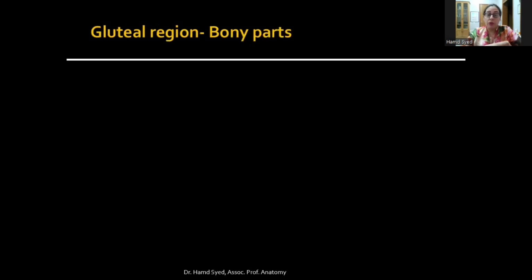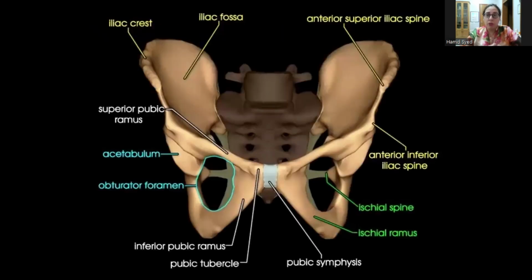Now, coming back to the gluteal region, let's look at the bony parts of the gluteal region. Keep in mind, the bony pelvis is formed by the union of 4 bones. That is the 2 hip bones and the sacrum in the midline and the coccyx. So these are the 4 bones which come together to form our bony pelvis.